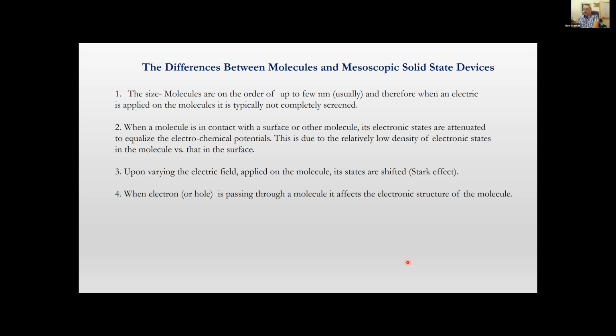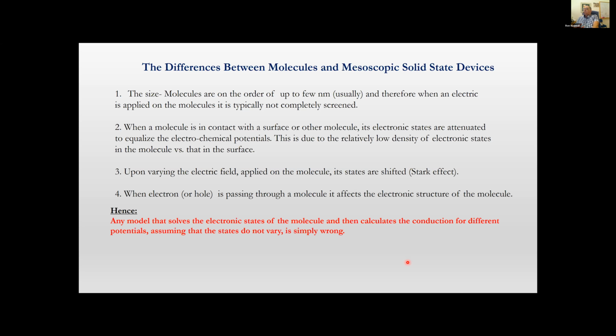So it's clear here that a simple linear model that assumes that we have an electronic state, and let's calculate now the transmission through this electronic state, this picture is not correct. And we have to take something which is different, something that includes the fact that we apply an electric field, and this electric field affects the molecule.